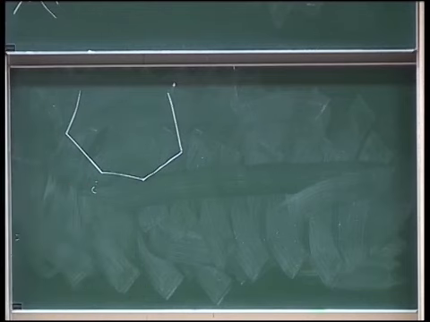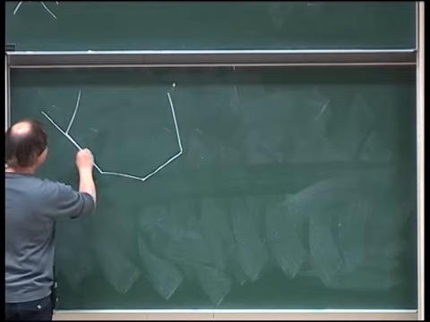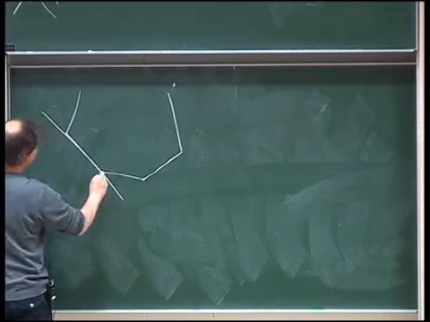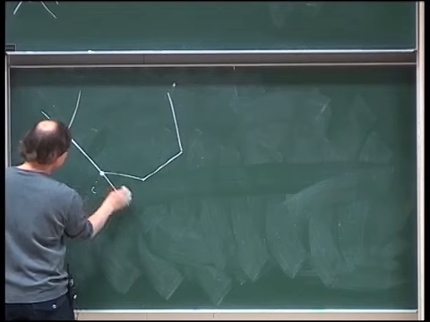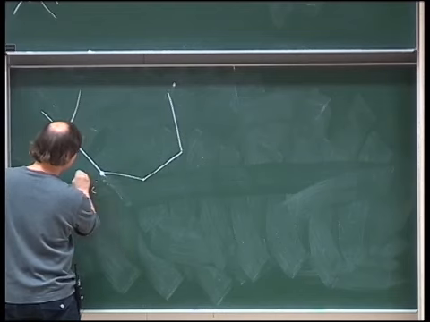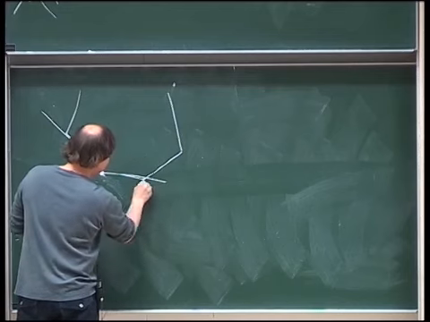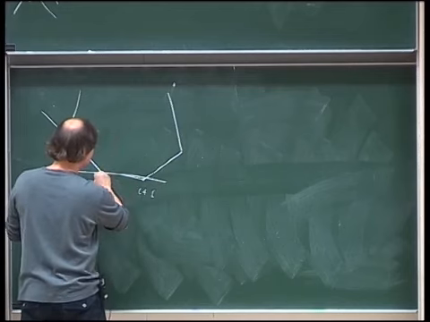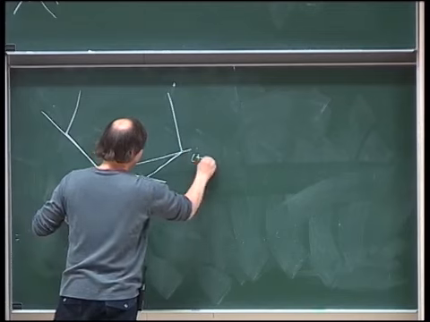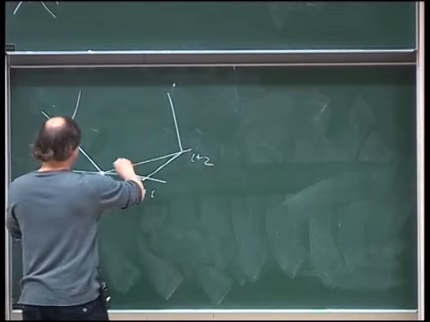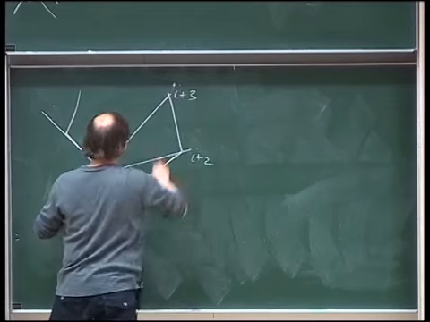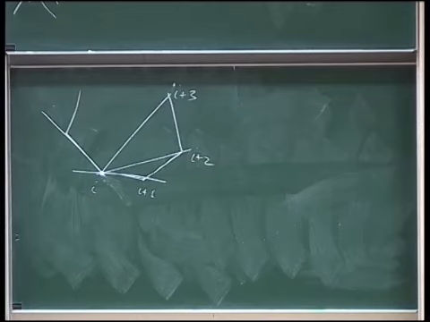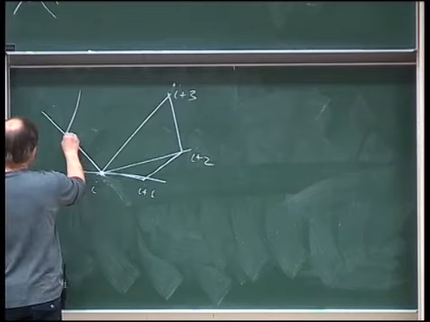For every vertex i, Schwartz considers 4 lines through i: let us take i plus 1, i plus 2, i plus 3, together with this line.